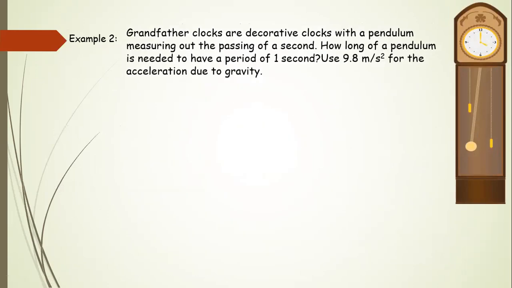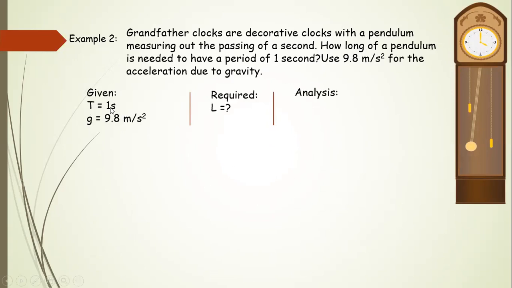Example 2 is how to find the length of the pendulum if the time period is given. In this question, we are given the time period of 1 second. The g value, as usual, is a constant, 9.8 meter per second square, and you are required to find how long the pendulum is, which means you are going to find the length.